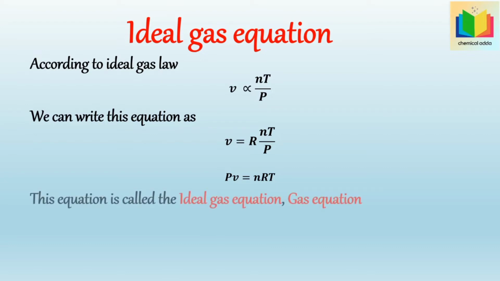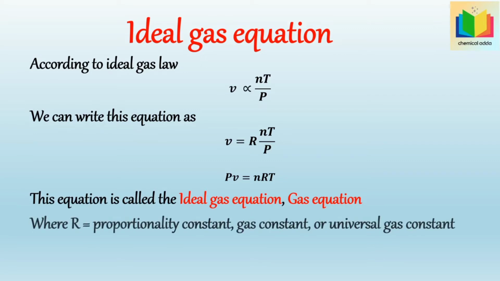This equation is called the ideal gas equation, or gas equation, where R is the proportionality constant. It is also called the gas constant, or universal gas constant. The value of R is equal to 8.314 joules per mole Kelvin.